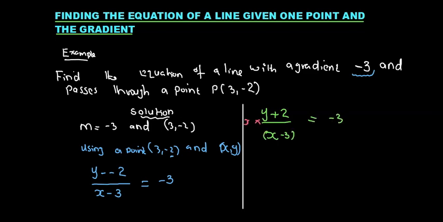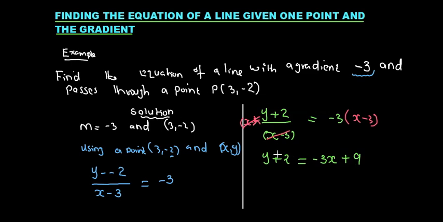Multiply both sides by x minus 3, such that x minus 3 and x minus 3 will cancel out to remain with y plus 2 should be equal to, we open the bracket, that will be -3x. This will be +9.